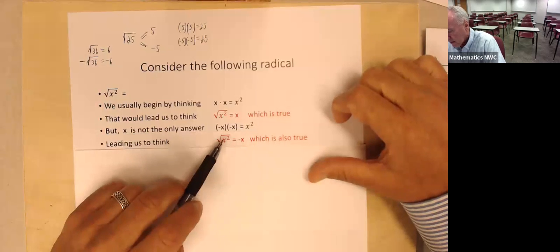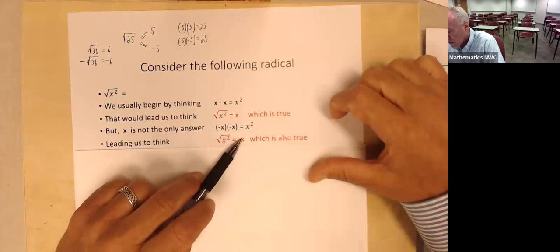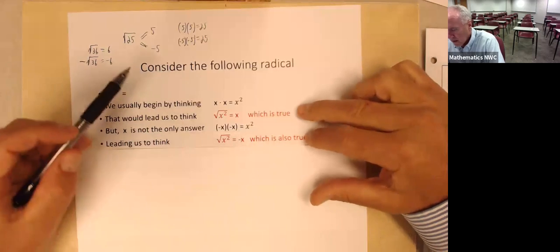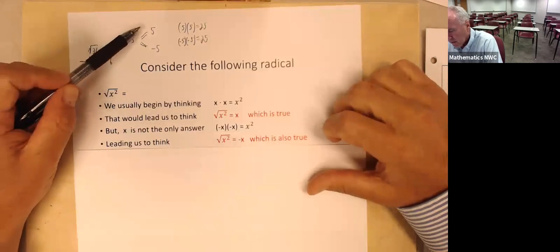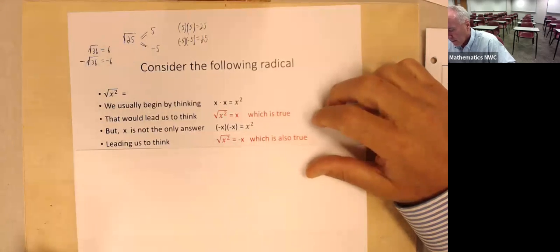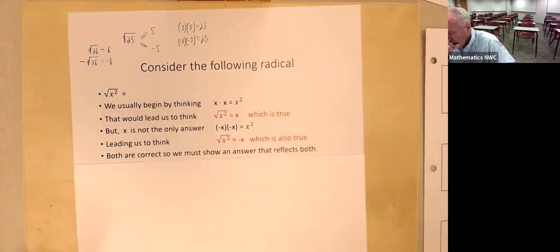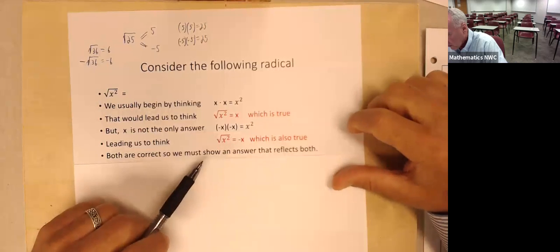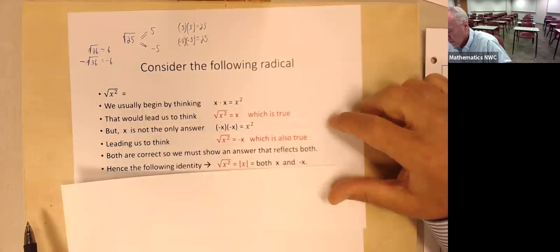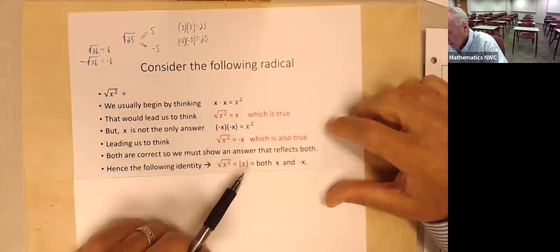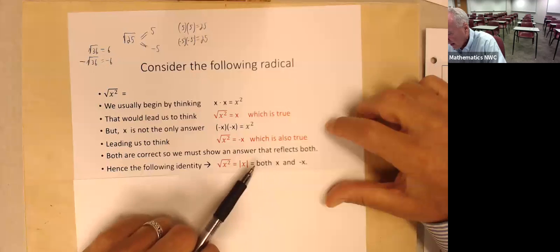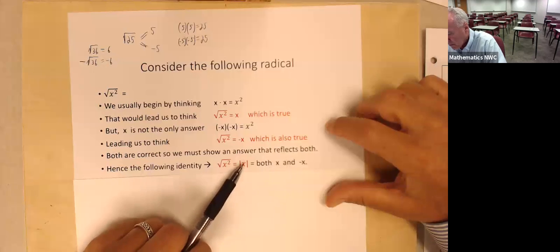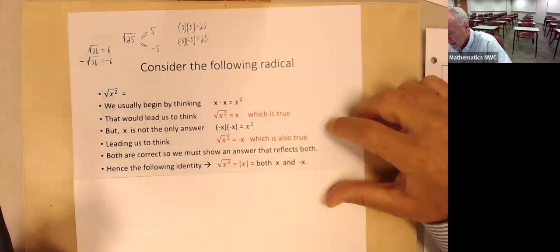That leads us to think the square root of x squared is a negative x, which is also true. Just like up here could have been 5 or a negative 5. Both are correct. So we're going to try and show an answer that reflects both. And we do that by putting the absolute value of x as the solution, because that means both x and a negative x could be put in there, and we would be guaranteed to get the x squared.